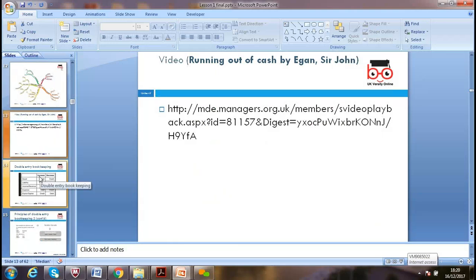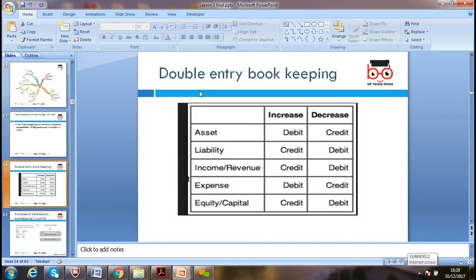Okay, double entry bookkeeping is all about recording systematically in the books of accounts. If we say we are working as a bookkeeper, a bookkeeper records the business transactions in certain books.